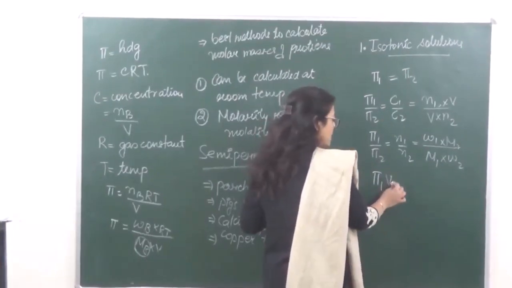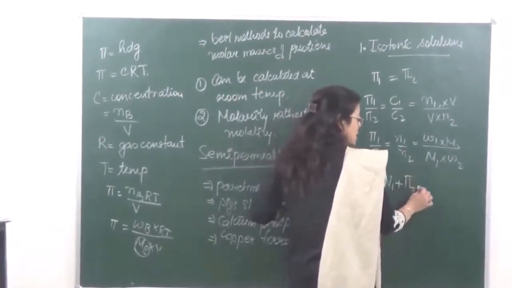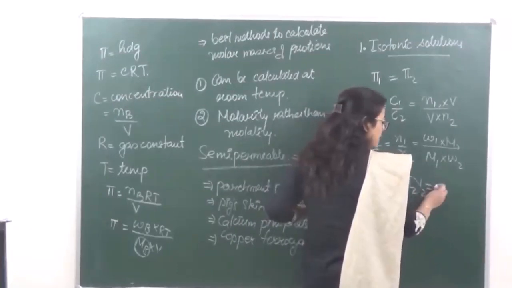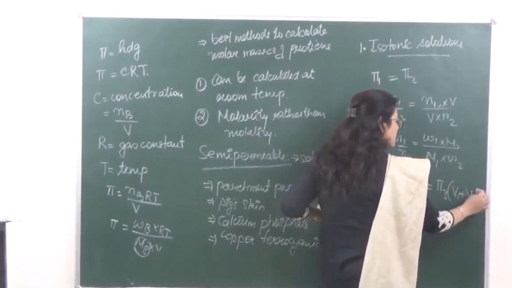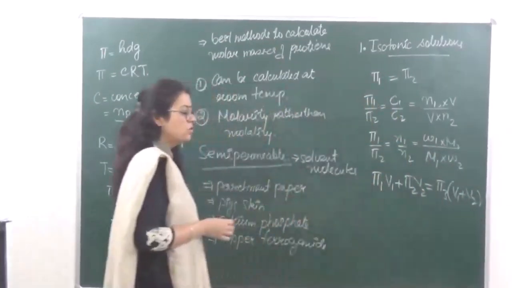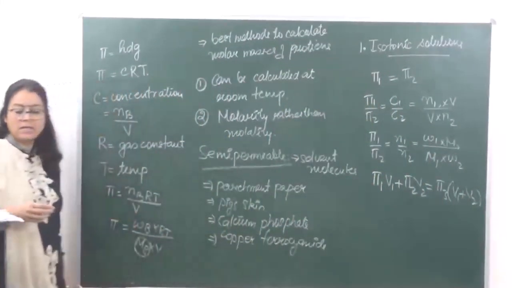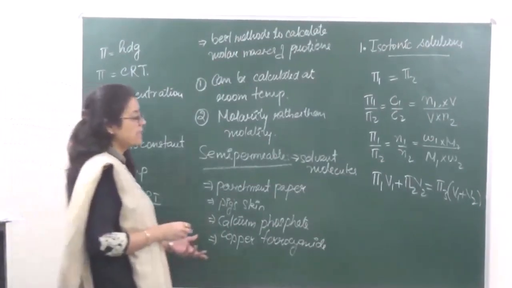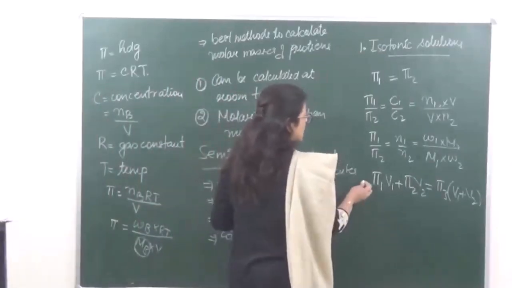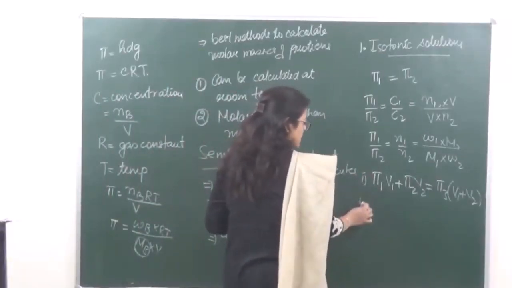So pi 1 V1 plus pi 2 V2 is equal to pi 3 (V1 plus V2). So if there are isotonic solutions and we mix together, then this is what we are going to get. Okay? And also you can say that this is the first case.